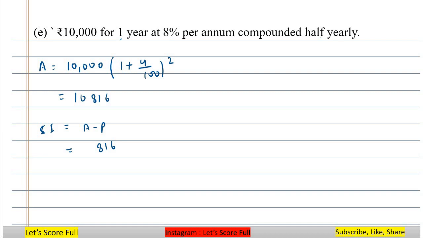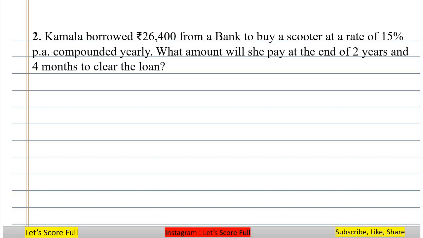Now let's move to the next question. This is the second question. As of now we were doing the first question, parts A, B, C, D, E. Now the second question. It says Kamla borrowed, meaning principal, right? So Kamla has borrowed 26,400 rupees from a bank to buy a scooter at the rate of 15% per annum compounded yearly.